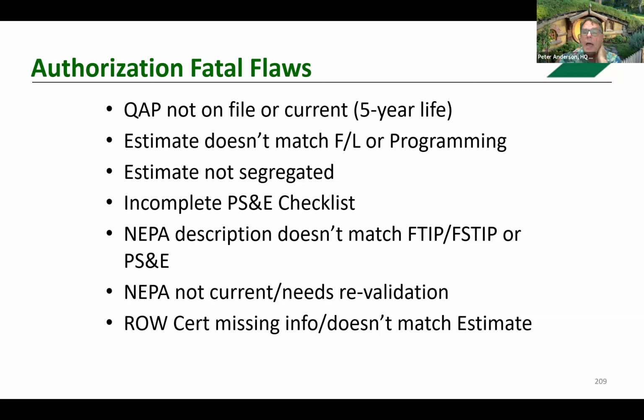The estimate does not match the request. Our 3A has some built-in tools to help ensure that the estimate and request are consistent. The engineer's estimate is not segregated. Like pointed out, we have different items, but we have to segregate out that non-participating work.